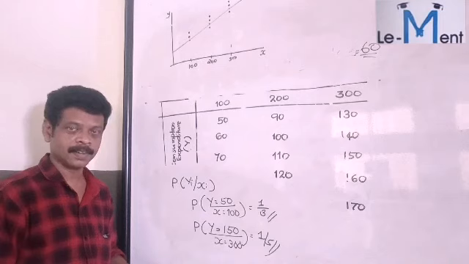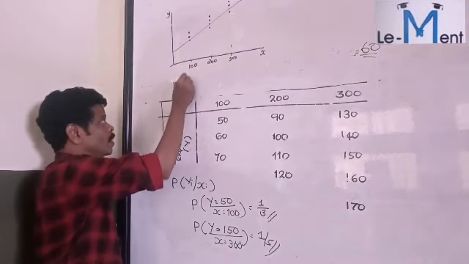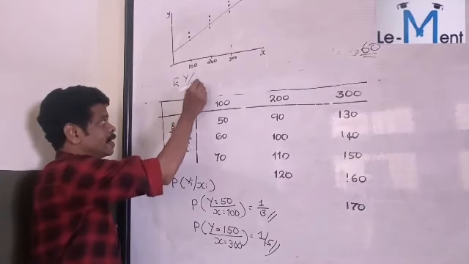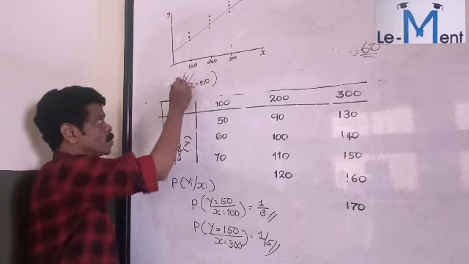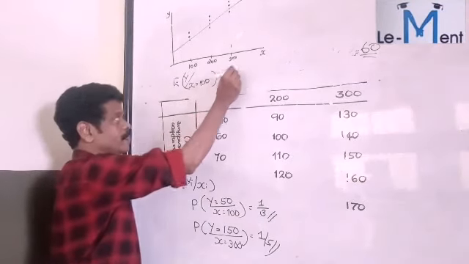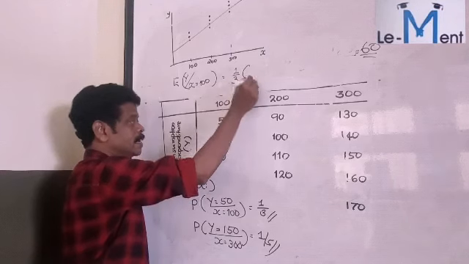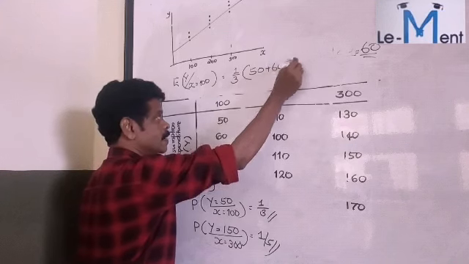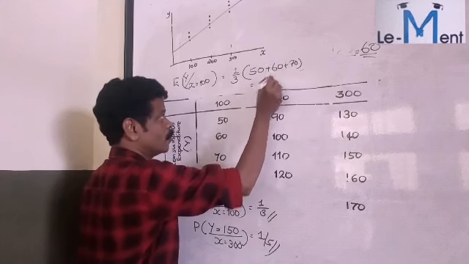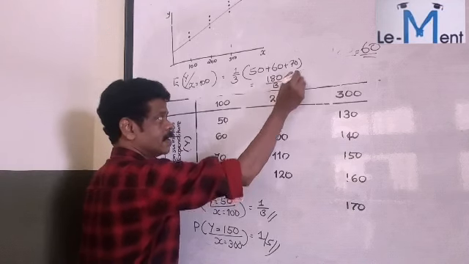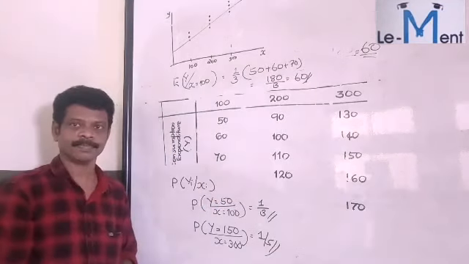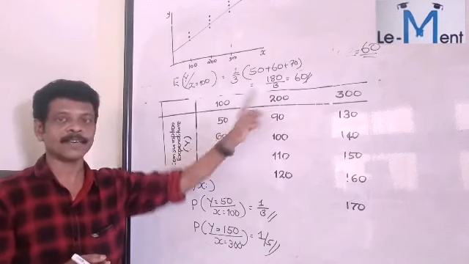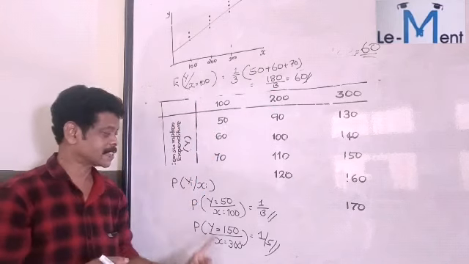For example, the expected value of the dependent variable y given the income x equal to 100 will be the conditional probability times 50 plus 60 plus 70, which is 180 by 3, equal to 60. That is the expected value, or the mean value, or average value of y when x is equal to 100.